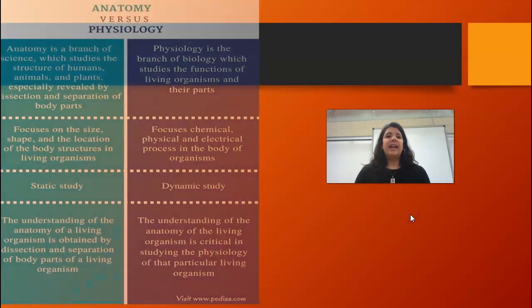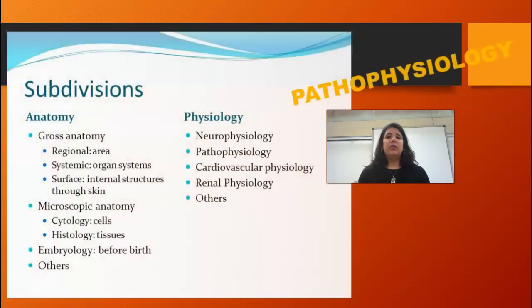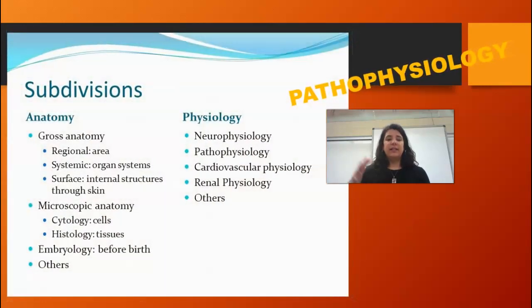We divide these two fields into different subdivisions. So typically for anatomy, we will divide the structures into gross anatomy, which is those structures that you can see with the naked eye. Okay, so I can see my bicep, right? I can see bones. Typically, we will divide gross anatomy into regionals, so those areas in, let's say, your arm or your leg or your abdomen.